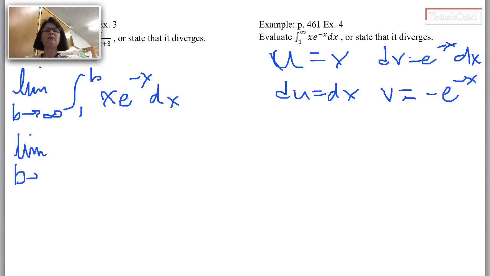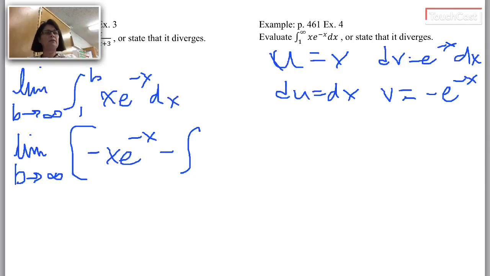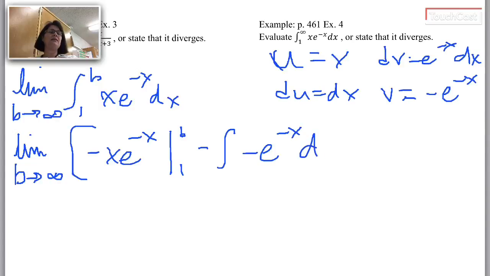It's going to be the limit as b goes to infinity of, there's going to be all kinds of crazy stuff happening in here, right? So the antiderivative of x e to the negative x is uv minus the integral of v du. So negative x e to the negative x, that's uv, evaluated from 1 to b, minus the integral of v du, that's negative e to the negative x dx.